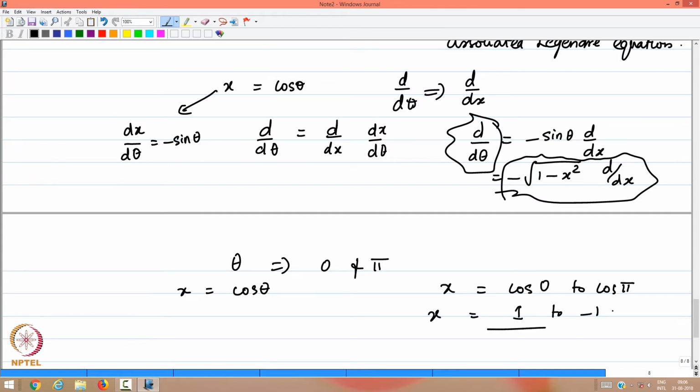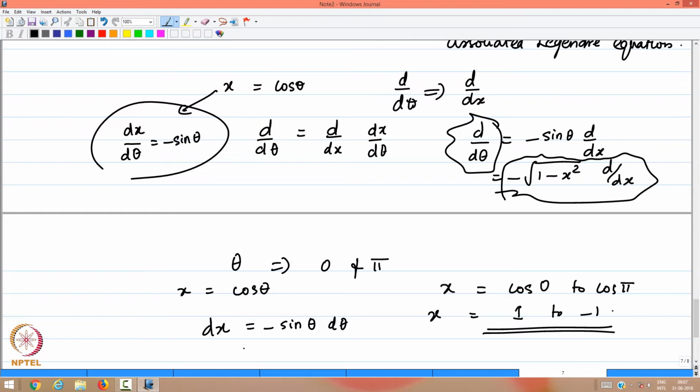The limit of x is from 1 to minus 1. And dx, if we later have to integrate this equation, is minus sin theta d theta, which is minus square root of 1 minus x square d theta. So d theta will be replaced by that.